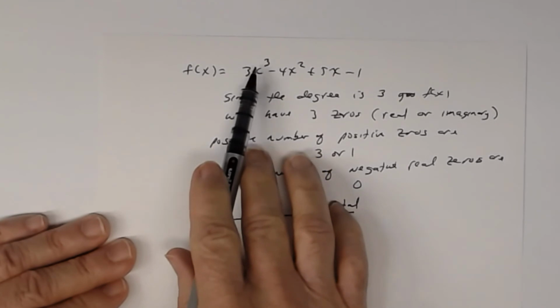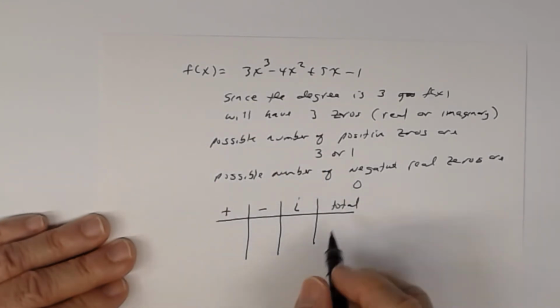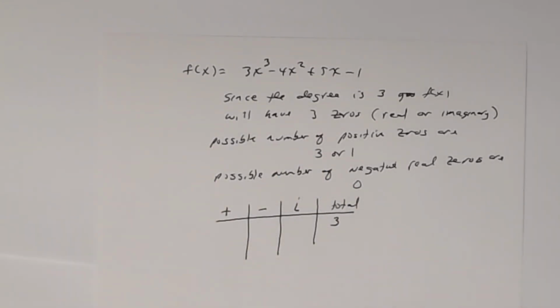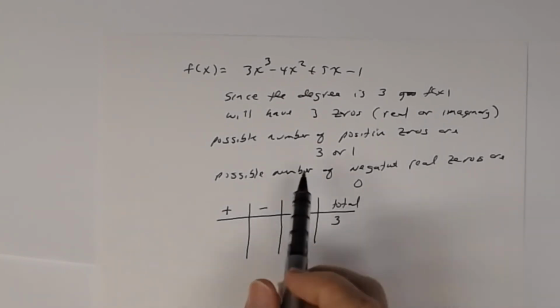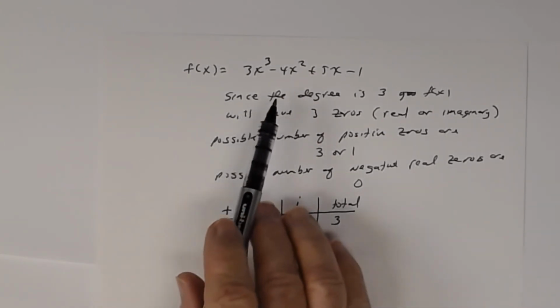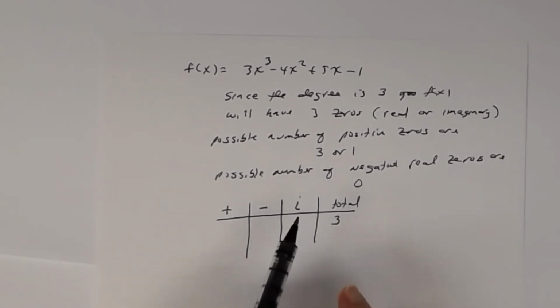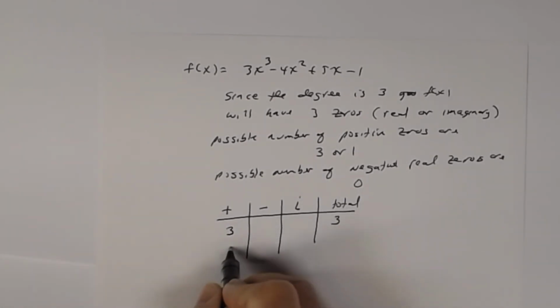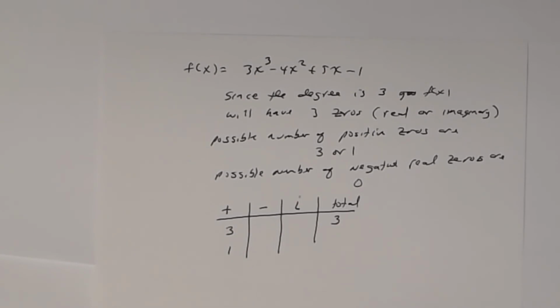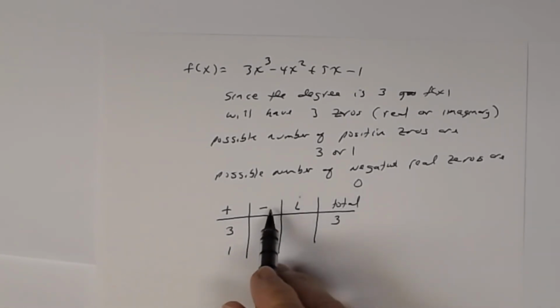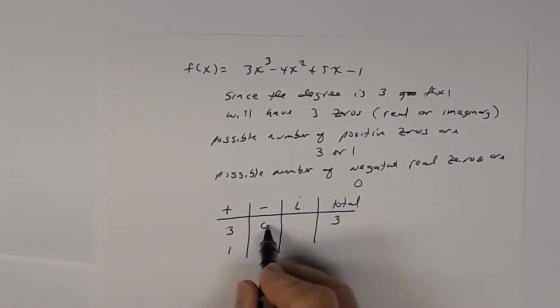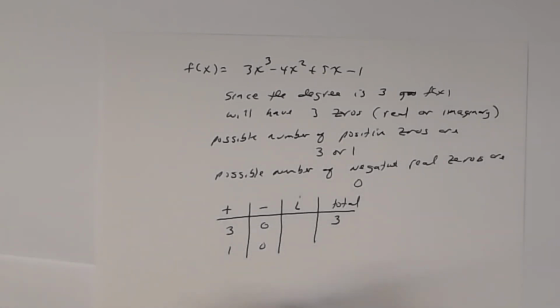According to my degree of 3, I'm going to have a total of 3 zeros, right? According to what we did with this example, we're either going to have 3 or 1 positive zeros. So you put 3 or 1 there. For negative real zeros, there aren't any, so you know you're going to have 0 straight down.